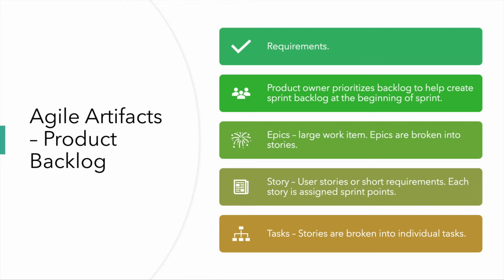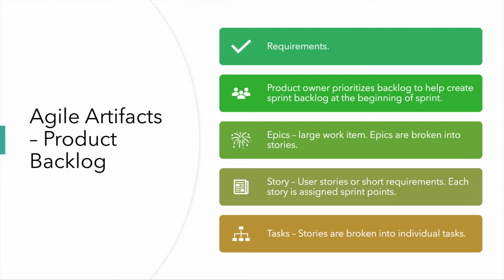The product backlog generally consists of epics. Epics are essentially large work items with a scope. It could be a big feature, or a number of features that are planned for this particular product, and these epics are too big.